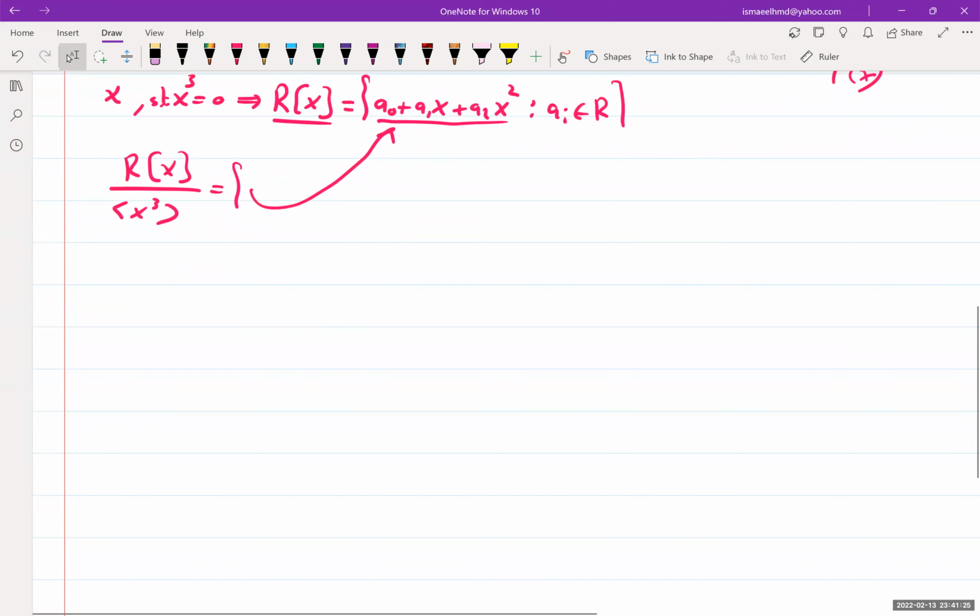We have another example, like say Z[pi], where pi is not an algebraic number. It's a non-algebraic number, or transcendental number.